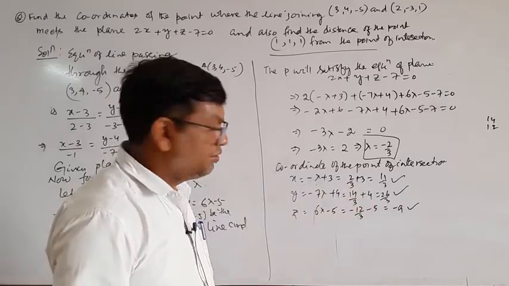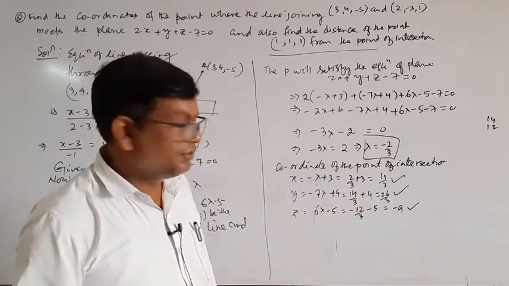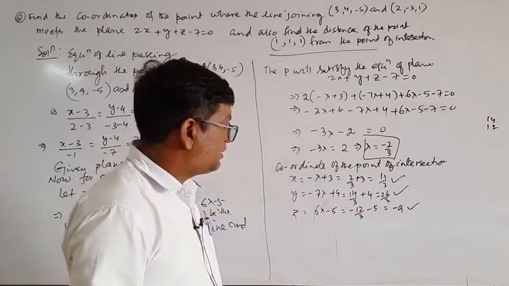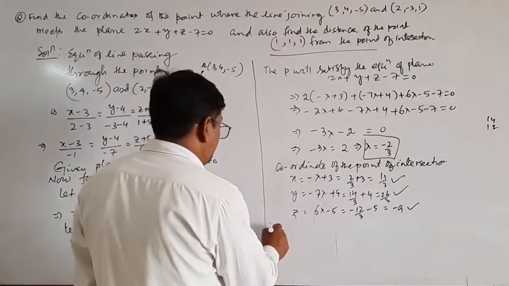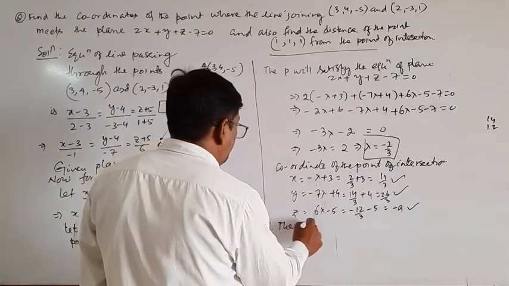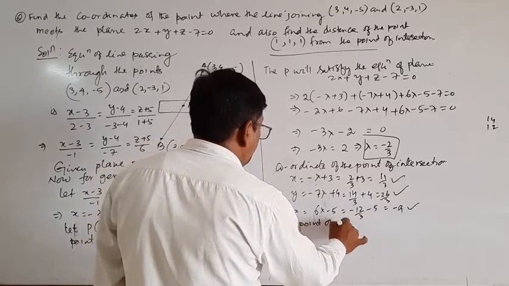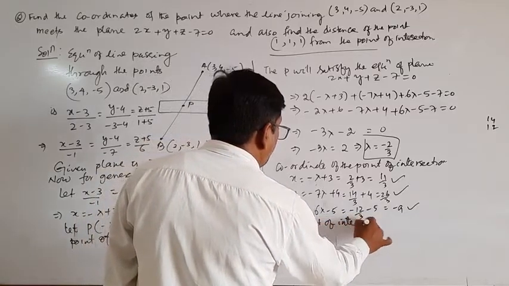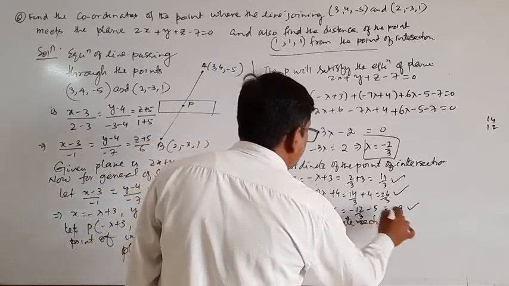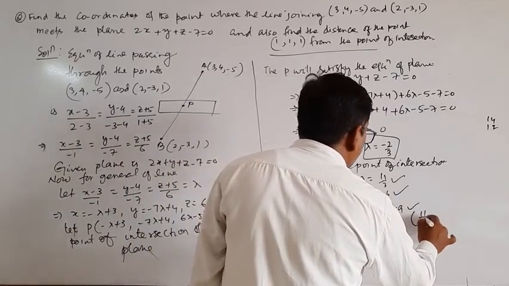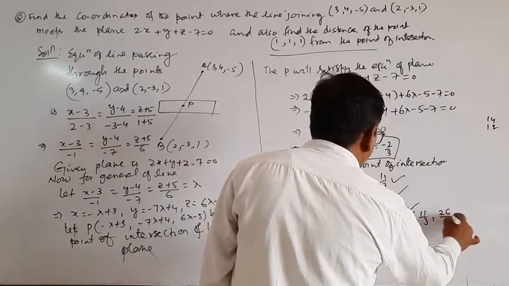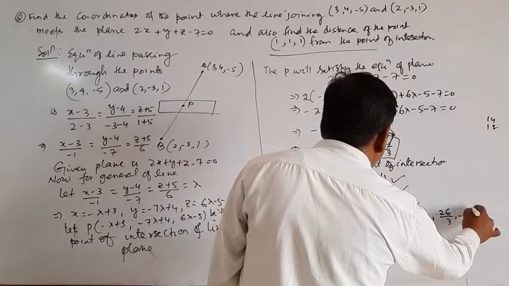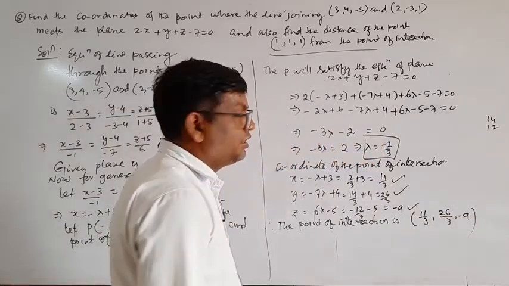Therefore, the common point of intersection is 11 by 3, 26 by 3 and minus 9. This is the point of intersection.